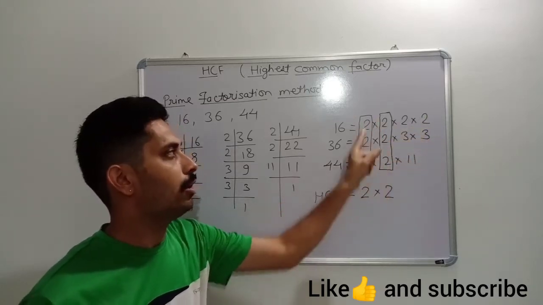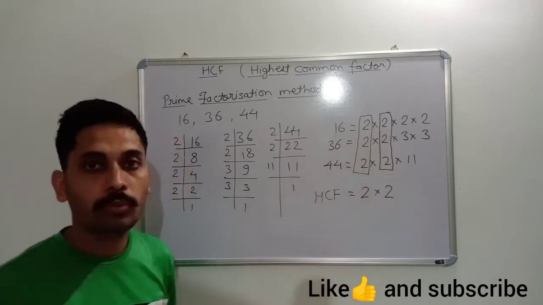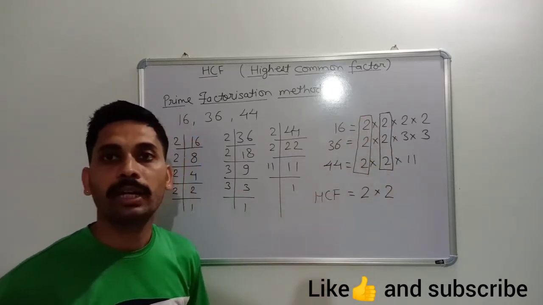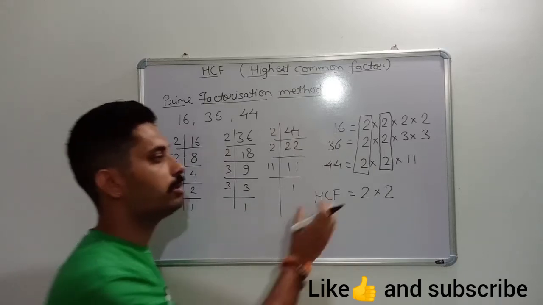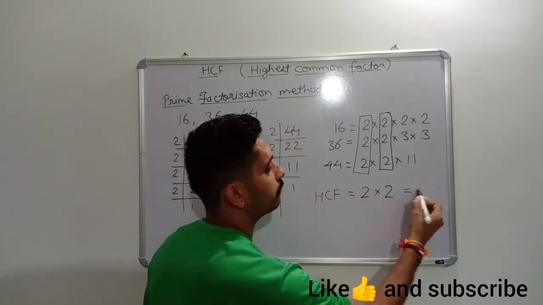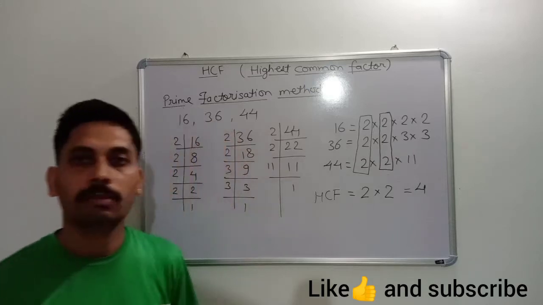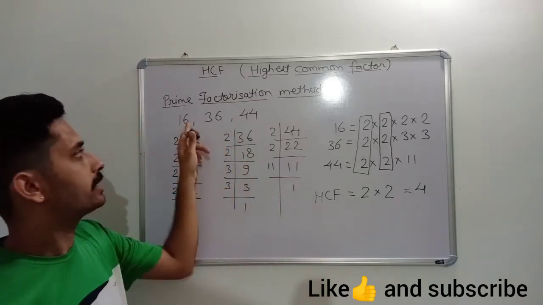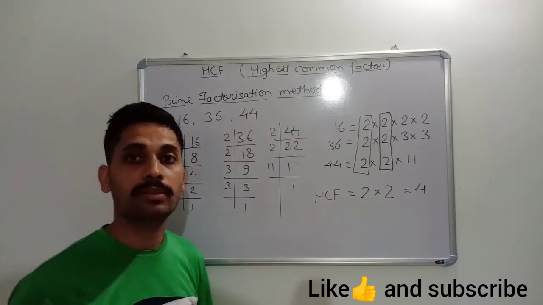Only 2 and 2 were common. You have to write down the common factors and then multiply all the common factors. So 2 multiplied by 2 is 4. So the HCF of 16, 36 and 44 is 4.